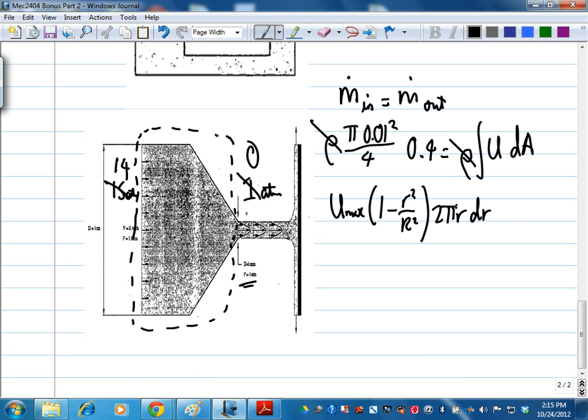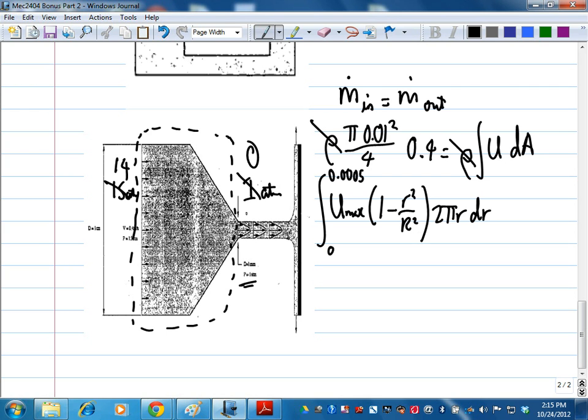Okay, that dA is 2 pi r dr, integral. R goes from 0 to 0.5 mm, because that's the radius. Diameter is 1 mm, so it goes to half a mm. 2 pi r dr, that's fine.